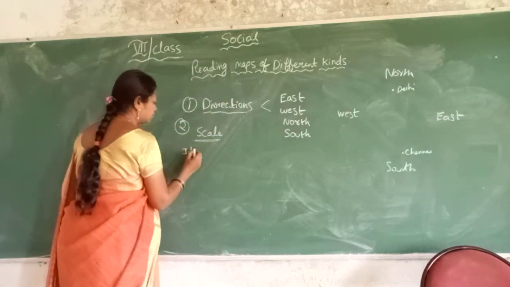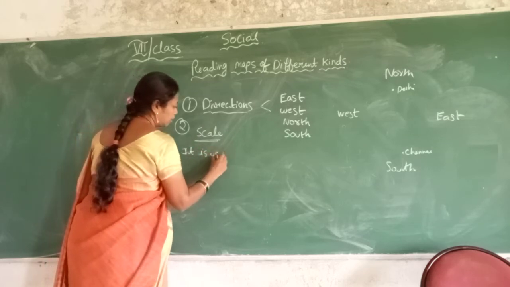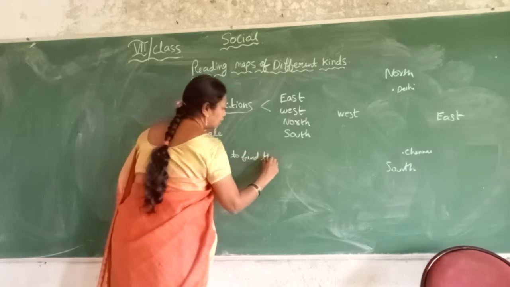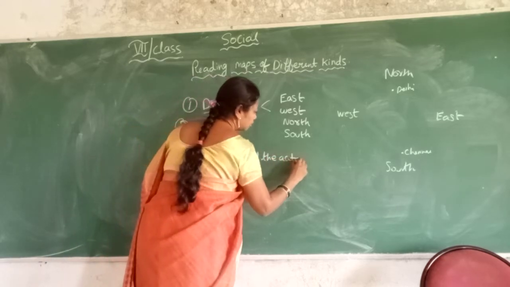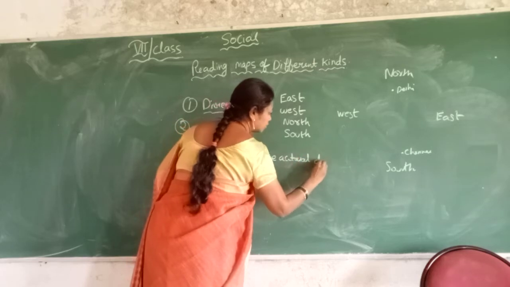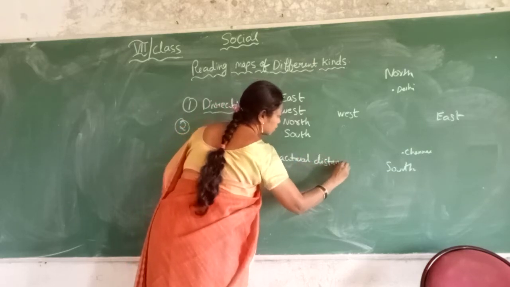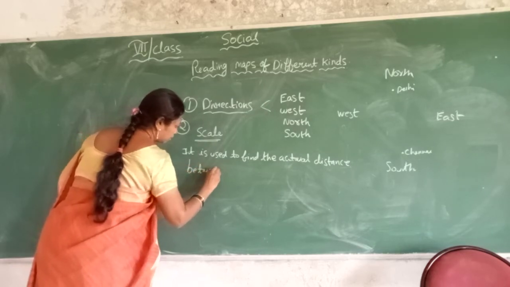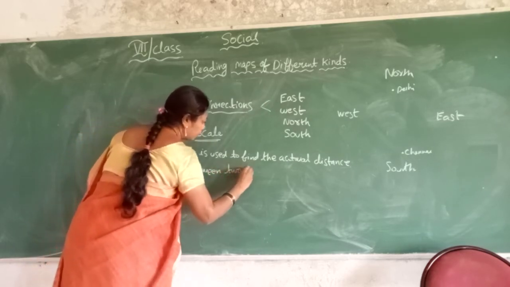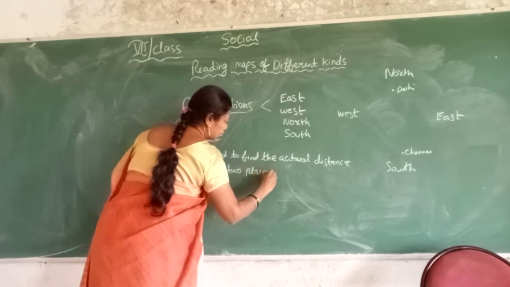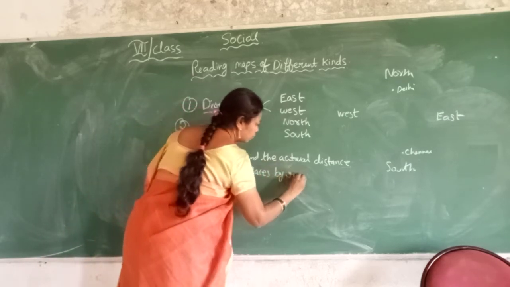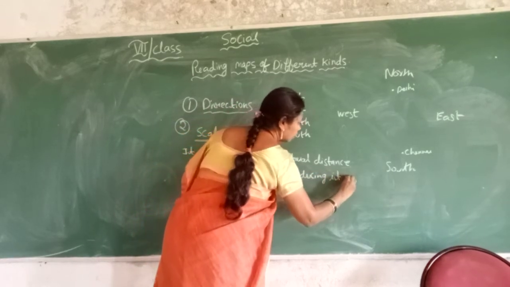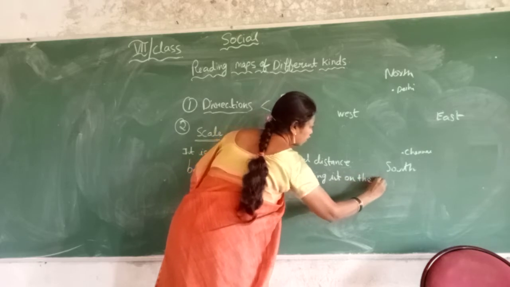So the scale definition is: it is used to find the actual distance between two places by reducing it on the map.